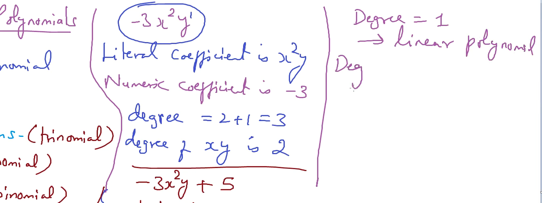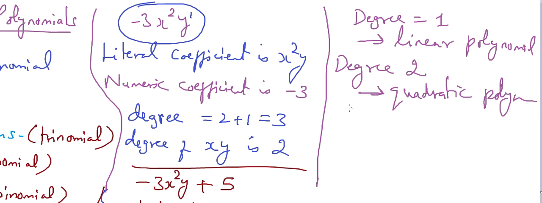Degree 2, then that is called a quadratic polynomial. Degree 3, the polynomial is called a cubic polynomial.